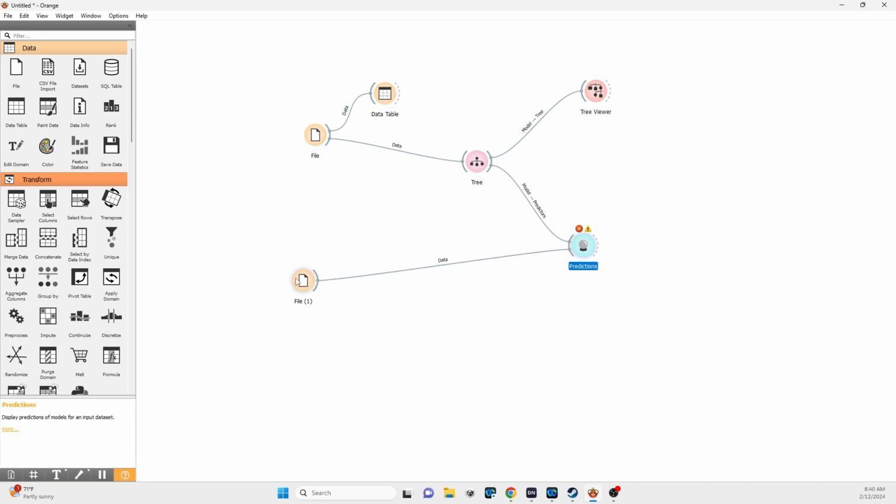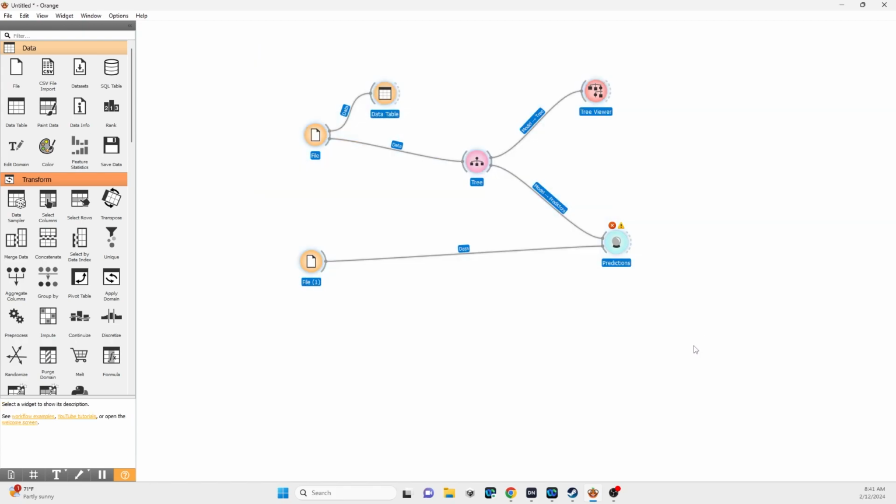Obviously it's not going to work because there's nothing in this file here, but this is how we'll be able to take a look at our decision tree and see how it's making determinations on our testing data. And then you could obviously do other things with this, which we'll eventually get into as we cover more types of learning algorithms. But for this project, this is essentially what your Orange project is going to look like.